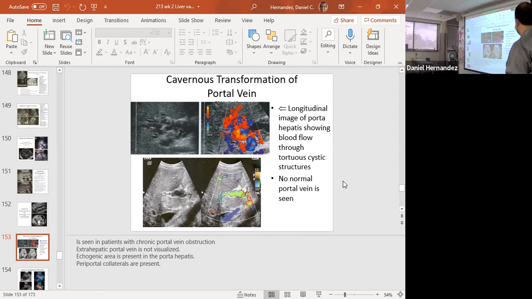This is now a longitudinal image of the porta hepatis showing blood flow through tortuous cystic structures, and no normal portal vein is seen. The extrahepatic portal vein is not visualized. There are echogenic areas present in the porta hepatis, and periportal collaterals are present.